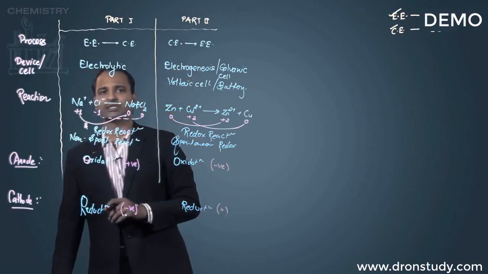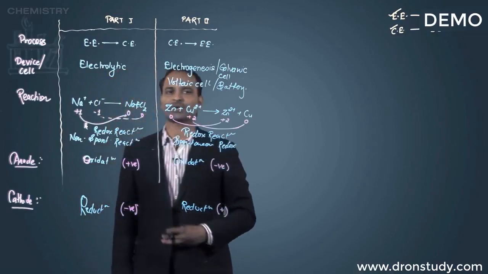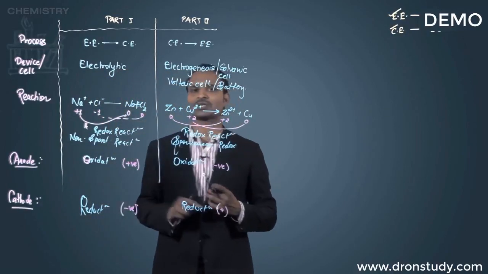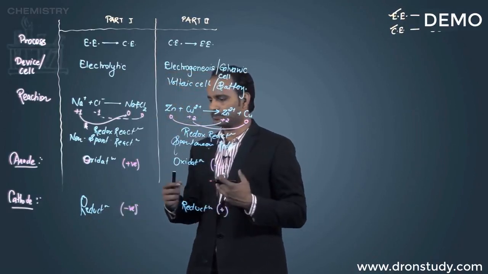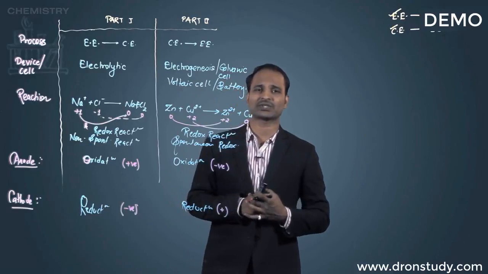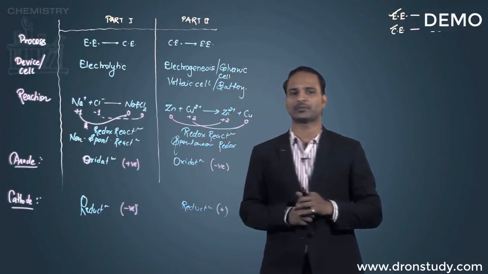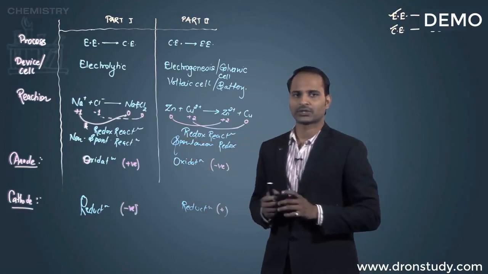I will tell you that the charges never decide whether the given electrode is an anode or cathode. It is totally decided by the reactions which are taking place on the electrode.